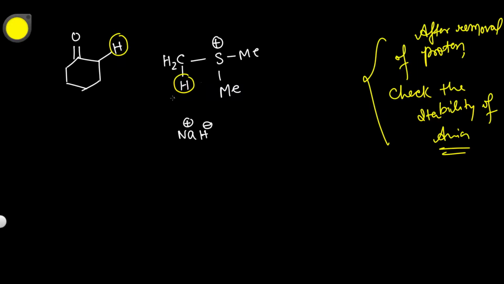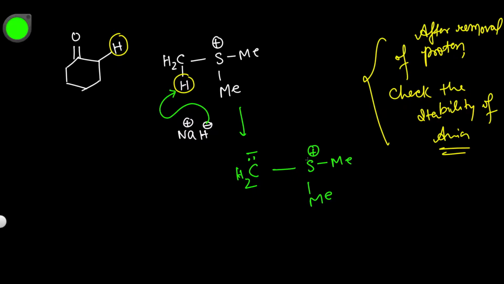Okay, so basically, what happened? If the base is taking this proton, then you will get something like this: CH2 here with a negative charge, and here SMe2 with a positive charge.